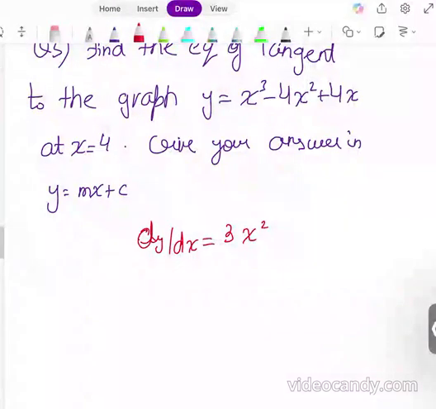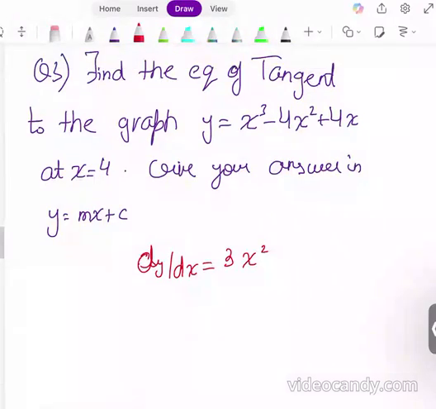Just tell me the proper answer. Yes, 3x square minus 8x plus 4. Yes. Finally, the correct answer.